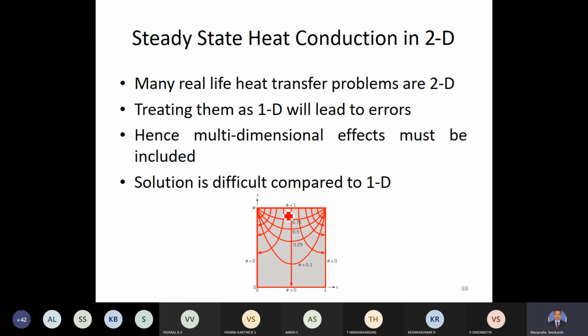You see these are the heat flow lines and these are the isothermal lines. The condition is that the isothermal lines and heat flow lines must be perpendicular to each other.